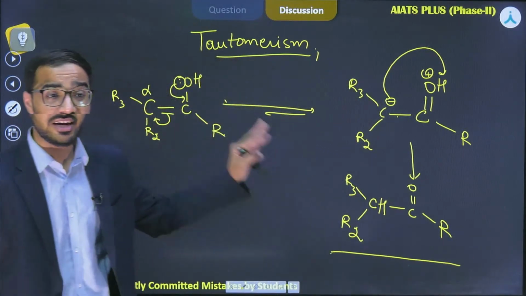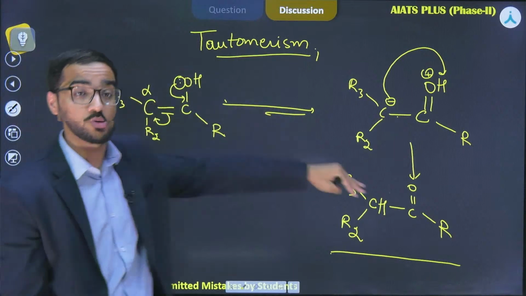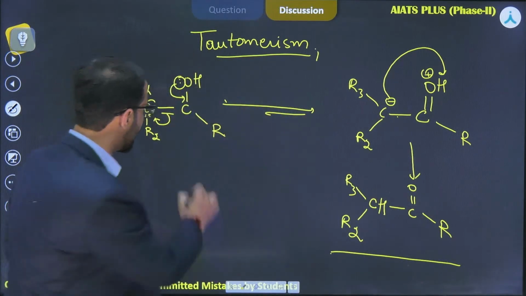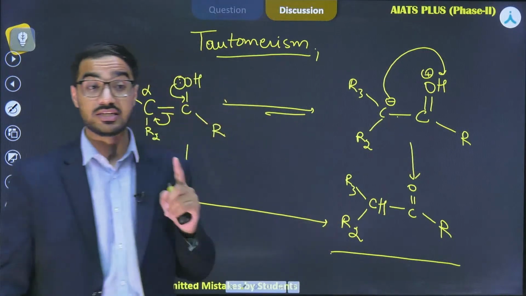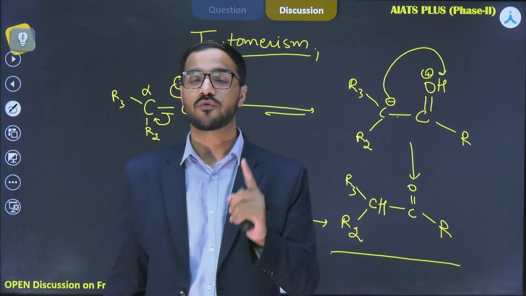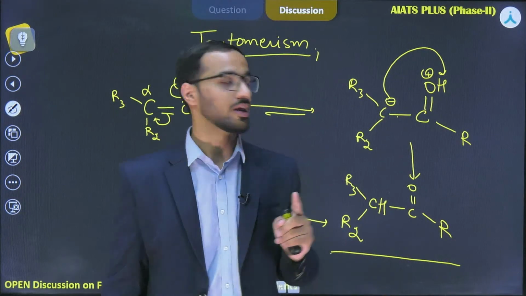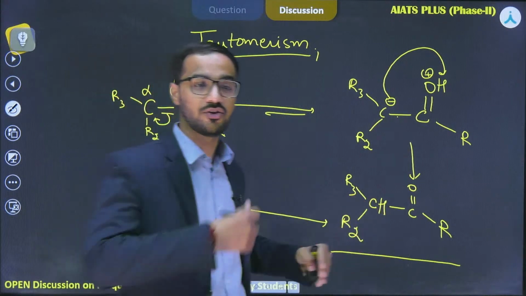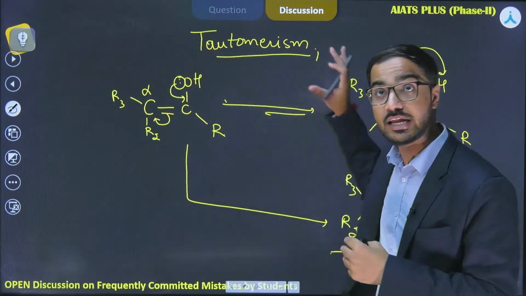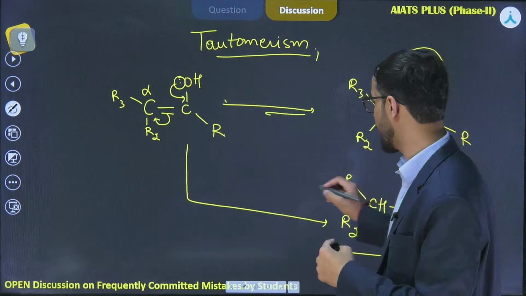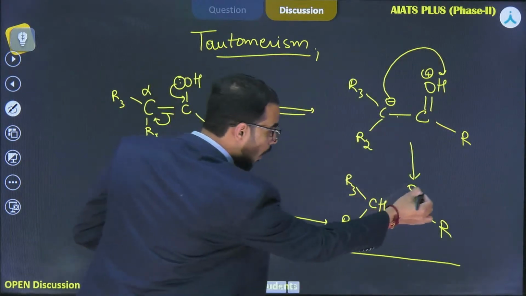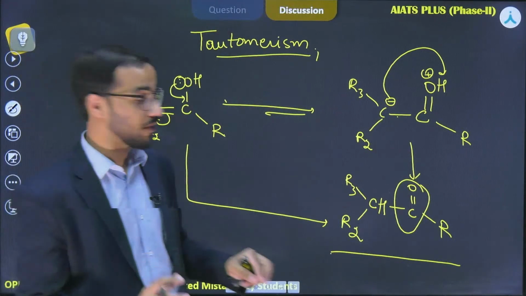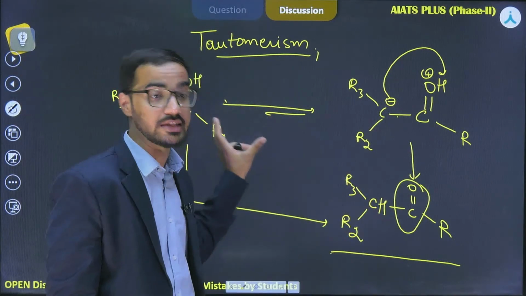What is the driving force for this enol to go into the keto form? The only factor responsible here is that the bond energy of the carbonyl is far greater than that of this group. So the driving force to go from enol form to keto form is the bond energy of this C=O bond, making it the more stable form in these cases.